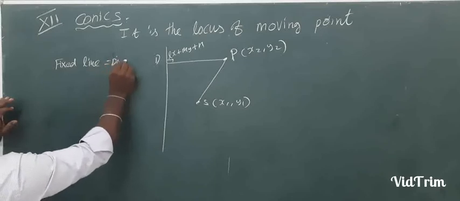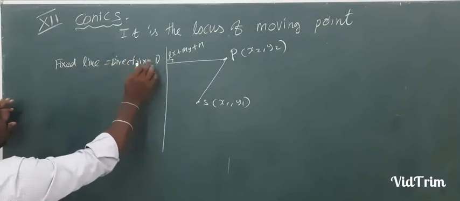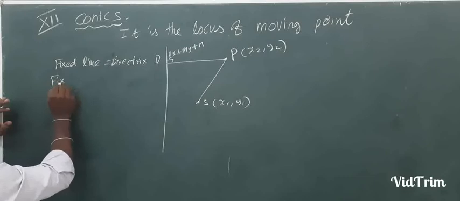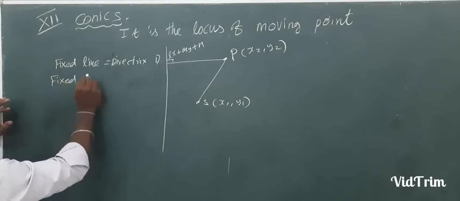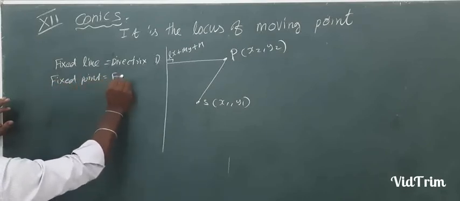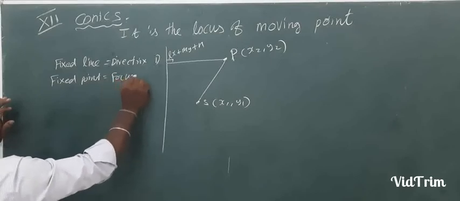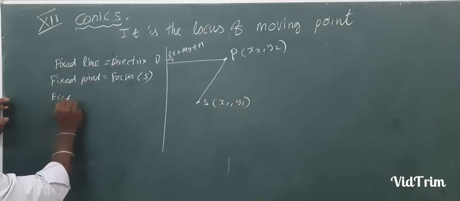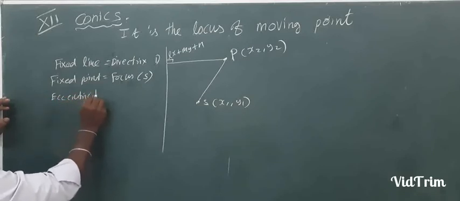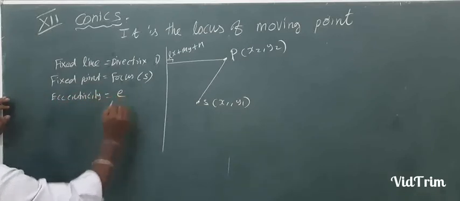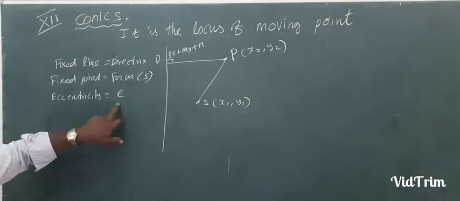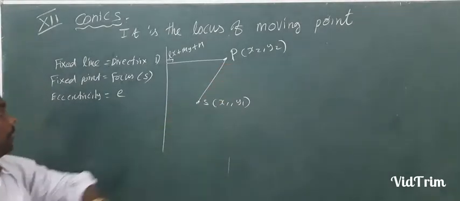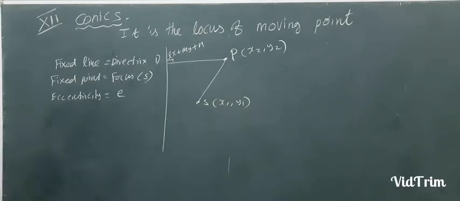The fixed line is called the directrix and is denoted D, and the fixed point is the focus, denoted S. The eccentricity, E, is the constant ratio for P. The value of E creates different shapes.